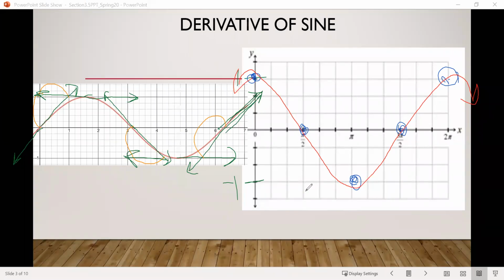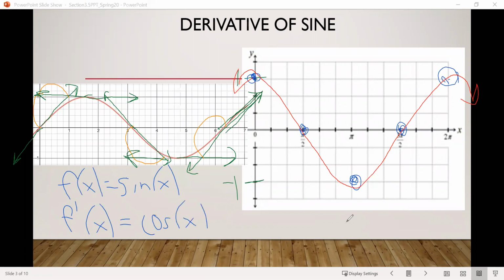So it looks like, based on this, that if we have a function f of x equals sine of x, the derivative there is cosine. Crazy, right? Wow, math is cool.